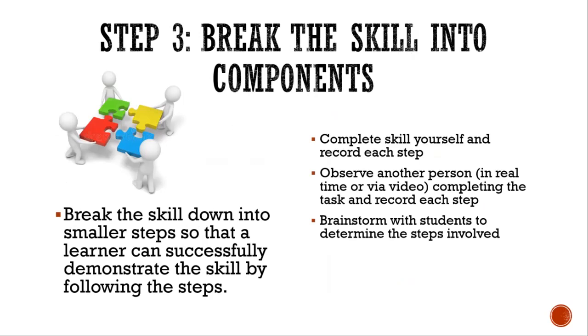Another way is to observe another person, either in real time or via a video completing the task and record each step. Or you can brainstorm with others, even students, to determine the steps that are involved in a task.